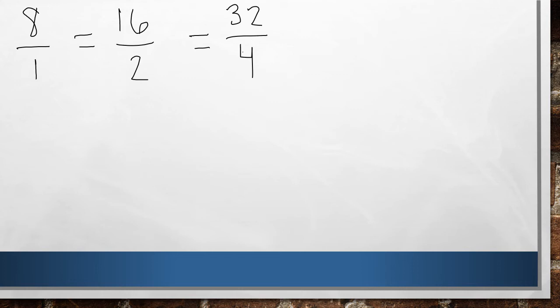What if we just looked at from 8 to 16, and then from 16 to 32? So from 8 to 16, what happens? From 16 to 32, what happens? Some of you might be thinking it's doubling.